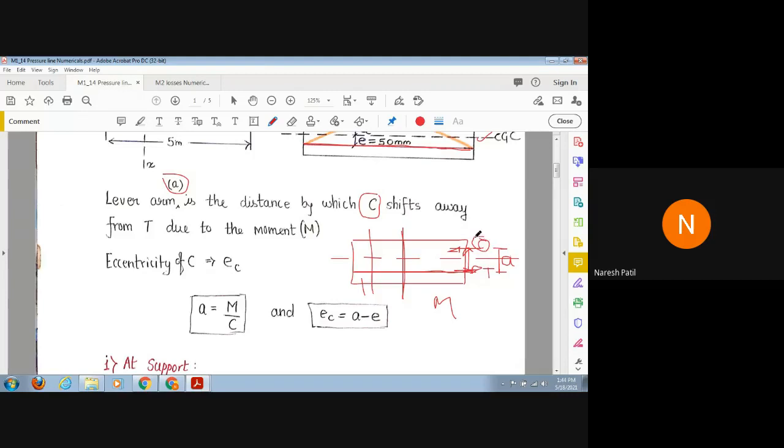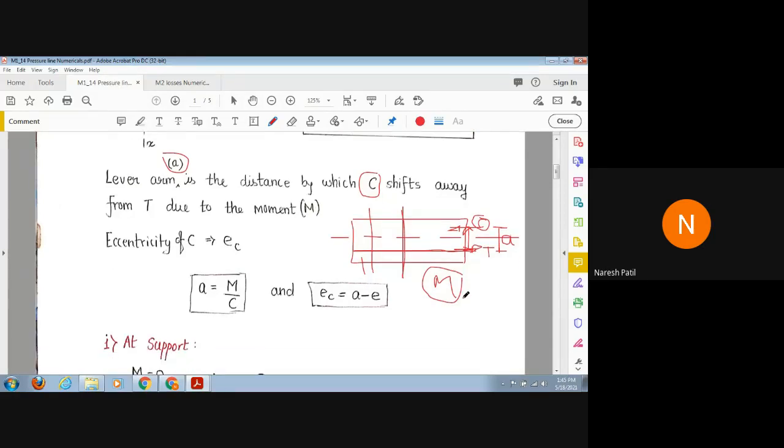The concentration of force C will shift away from T with respect to the moment at that particular cross section.